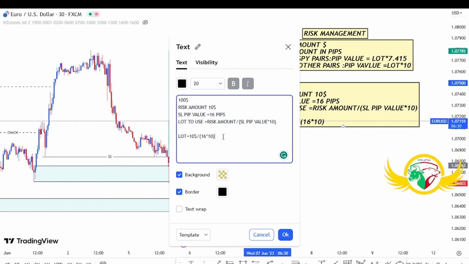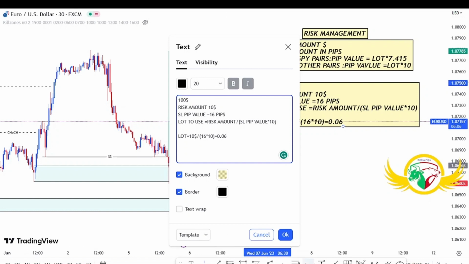So our lot size equals 0.062 and so on, but because we only have two decimal places, we have to use 0.06. So now you won't lose more than your $10.